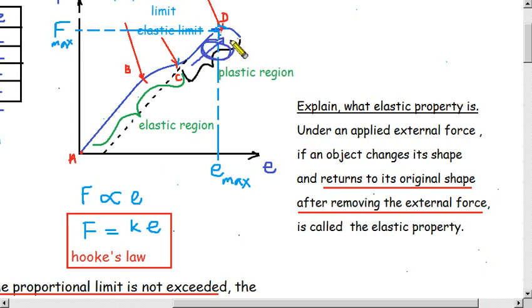That is the difference in this region. So you have to point out that you are talking about this region. Then you must write that when removing the force, the length decreases. That part also.